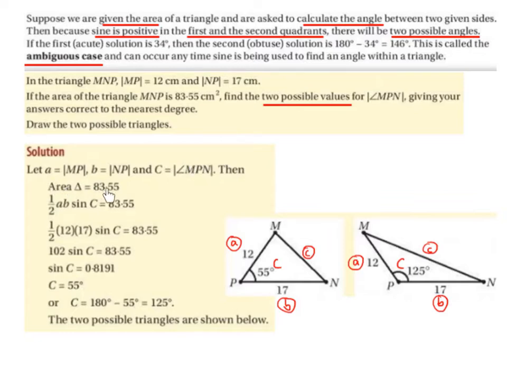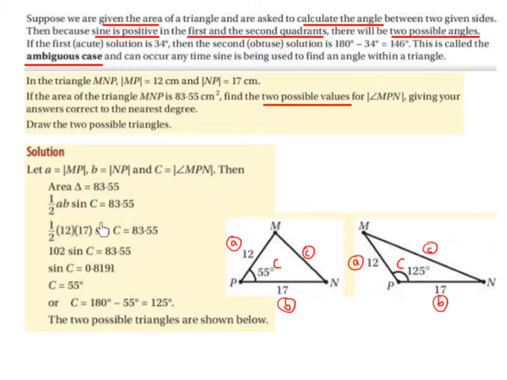We know the area is equal to 83.55. We're going to swap the area for the actual formula, so we get half ab sine C equals 83.55. We swap the a for MP, which we were told is 12, with brackets around it. We swap the b for NP, which we were told is 17, with brackets around it.